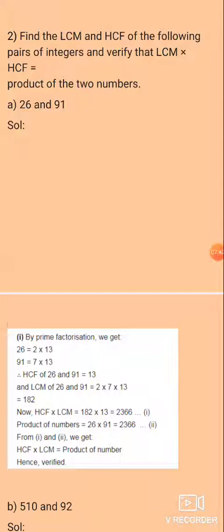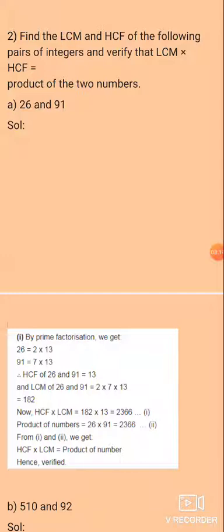Next, listen carefully, both 26 and 91 have 13. But the greater power of 13 is only 1, so consider only one 13. So take all the prime factors with their greater power: 2 into 7 into 13. When you find the product of all these, the LCM is equal to 182.